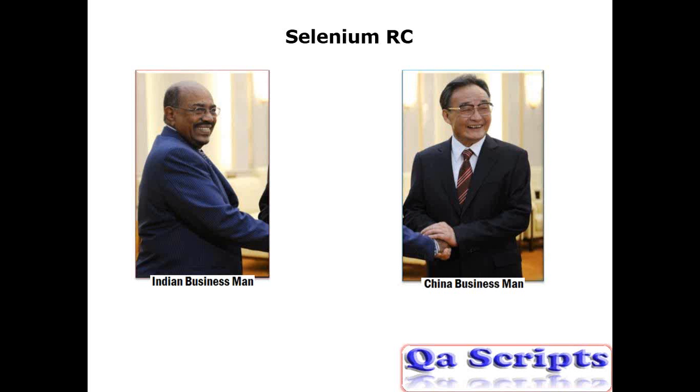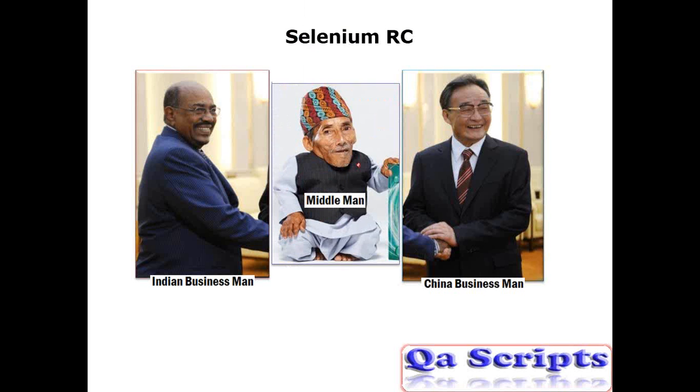To make this happen, we need a middleman who can understand Hindi and translate to Chinese, and also who can understand Chinese and translate to Hindi, so that this middleman can convert from one language to another and build a relation between two nations' people or two businessmen. In this way the communication can happen.